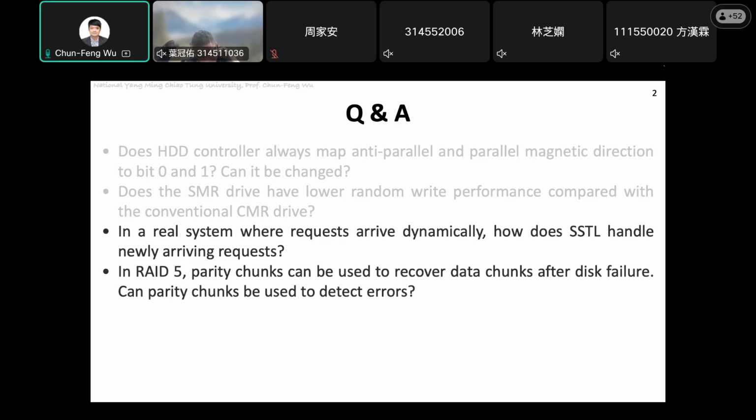So this is a little different. I would say the parity chunk is more for recovering the chunk. Its function is not for detecting errors. Okay, but if your detection is about which chunk has some errors, then it is possible, but it cannot be so precise as to tell you where the error is. Okay.